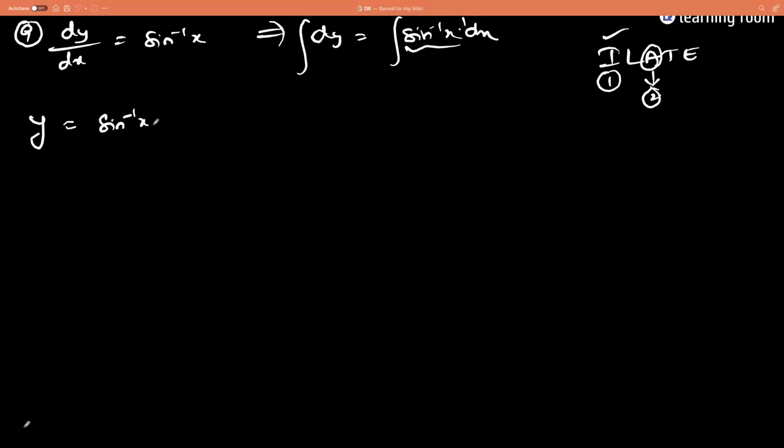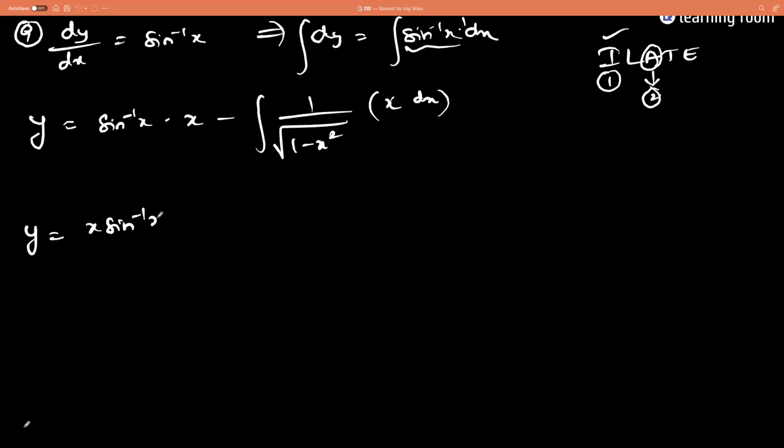First function into integral of second function minus integral of derivative of first function into integral of second function. So y will be equal to x sine inverse x minus, here what we can do is multiply and divide it with 2.